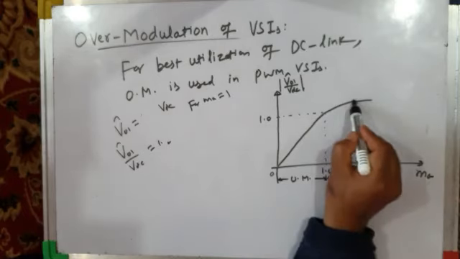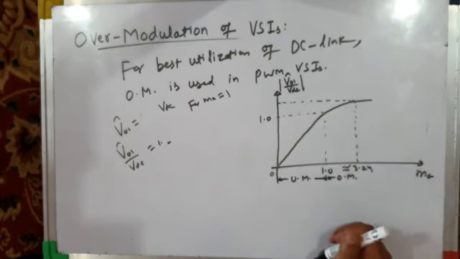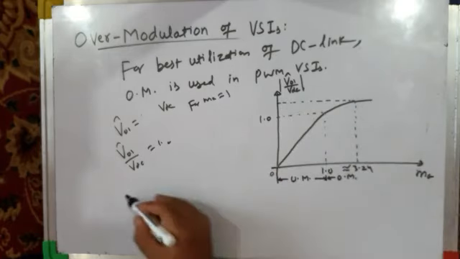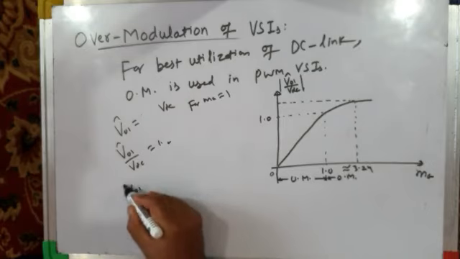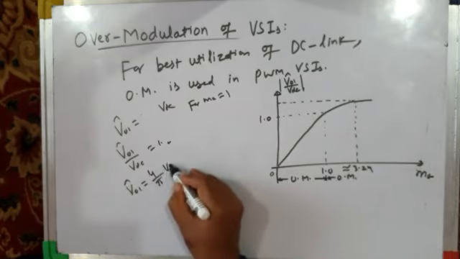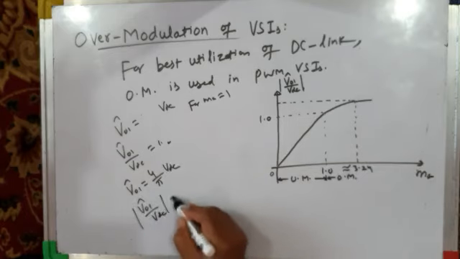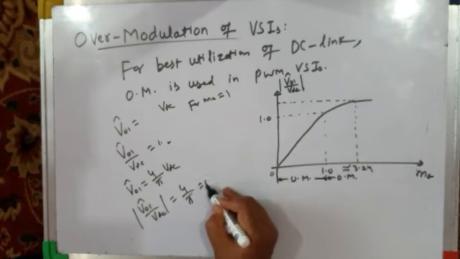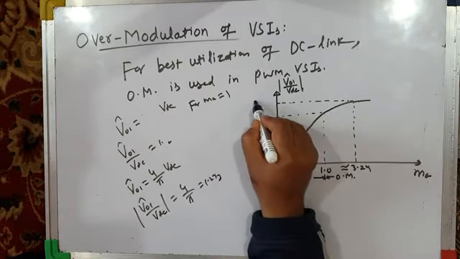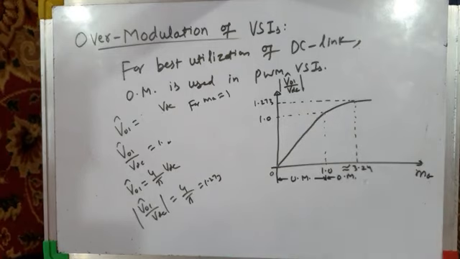For modulation index of 3.24, your inverter goes into square wave mode of operation. For square wave mode, we already know that the peak value of the fundamental component of inverter output voltage is 4 by pi VDC. So V01 by VDC is equal to 4 by pi, which is 1.273. This is your over modulation zone.